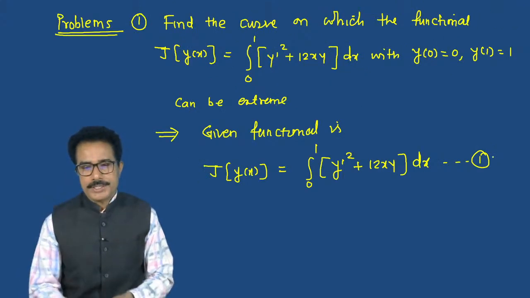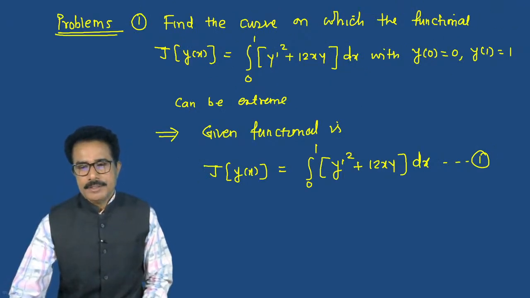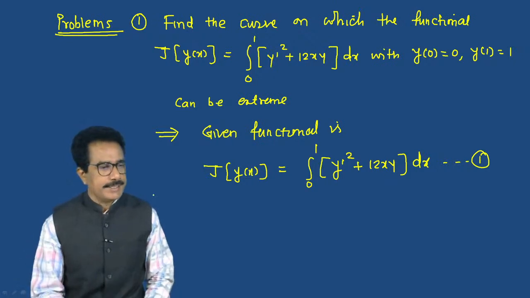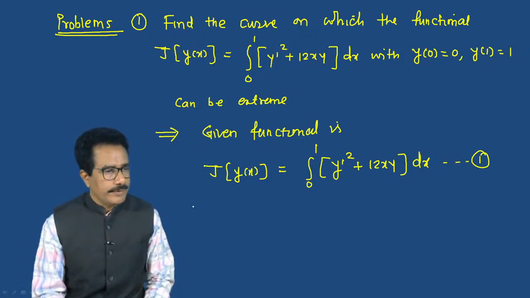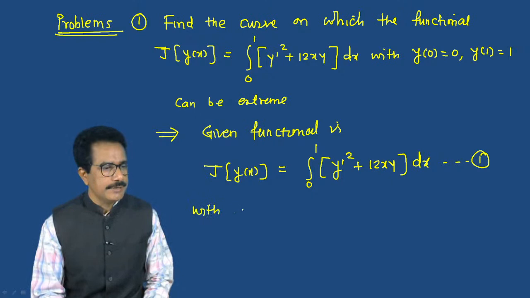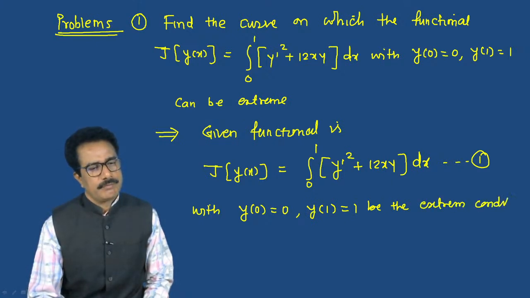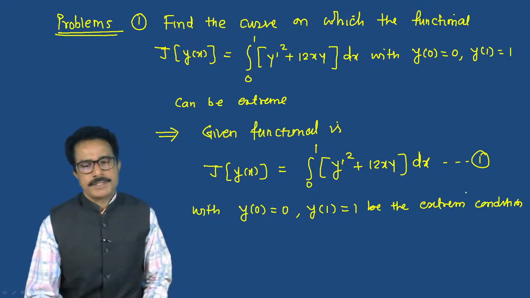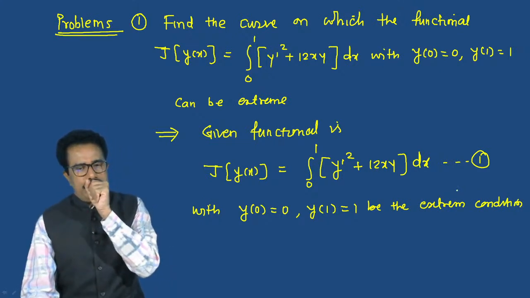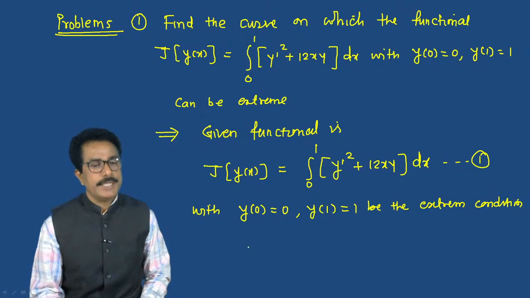So first of all, we consider the function with the condition y of 0 equals 0, y of 1 equals 1 as the extremum condition.